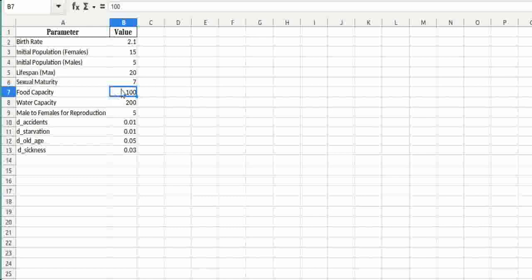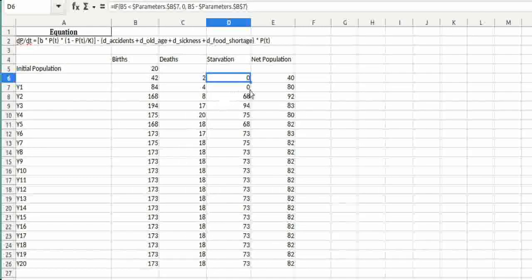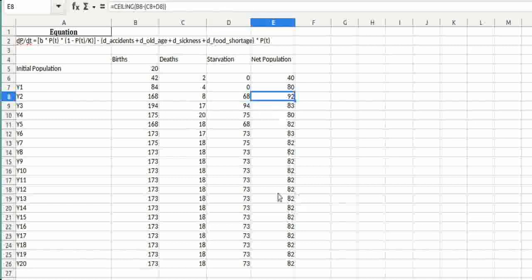So the maximum amount of population that can currently be carried is 100. And so if we go back here, when it goes over 100, everybody over 100, well, they die. And then the net population drops. And you can see that it stabilizes at 82, basically.